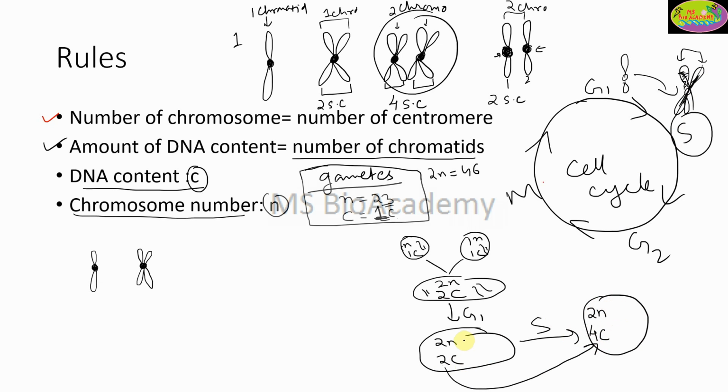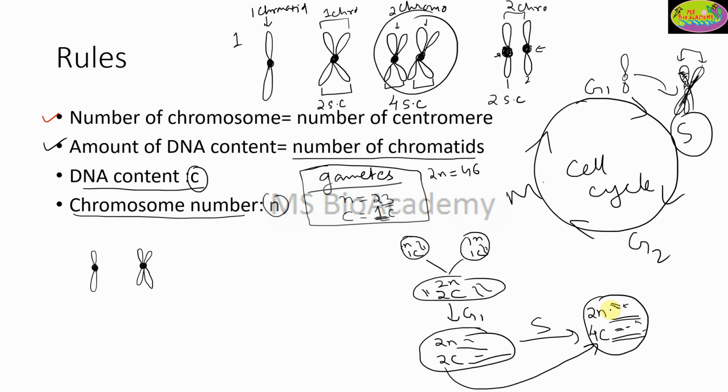If the chromosomes are like this, let's suppose this is small, this is big, this is small, this is big, here it will be duplicated like this. Now the DNA content is doubled, so it has become 4C, but the chromosome number remains the same, 1, 2, 3, 4, meaning only the diploid set will be there.